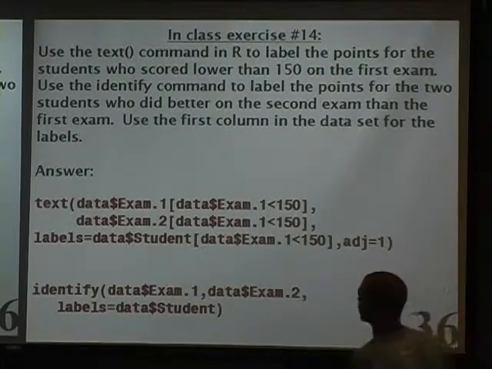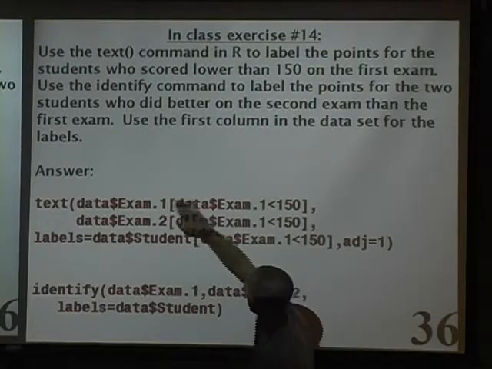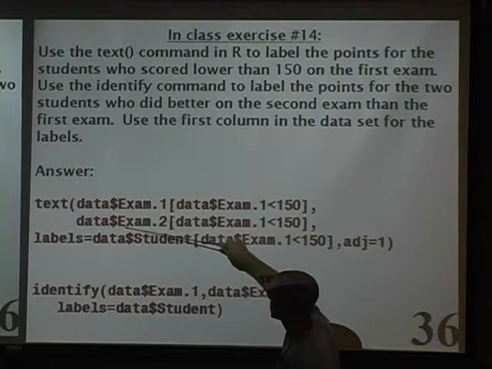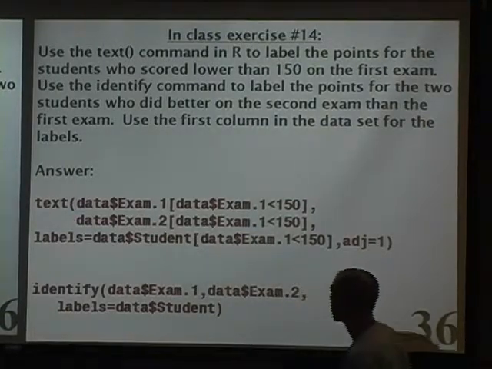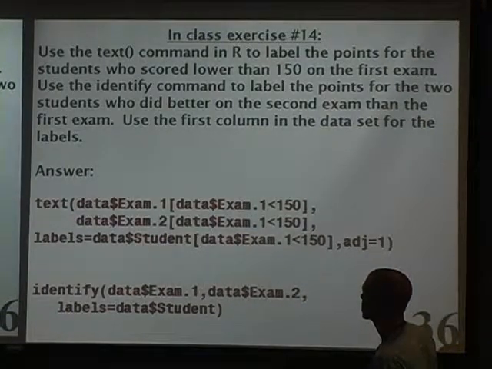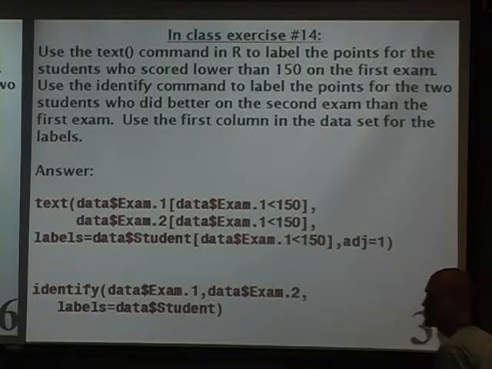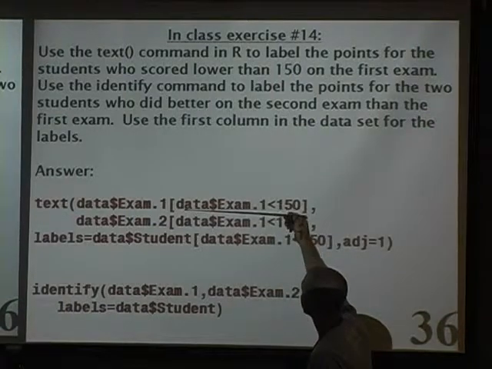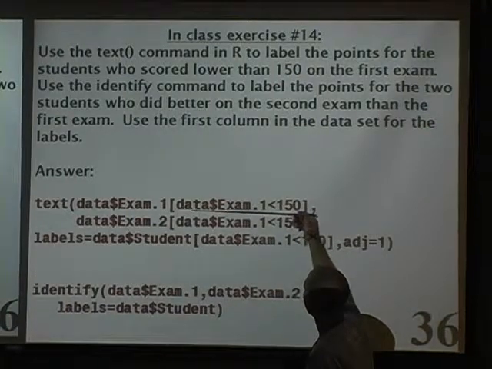So the shortcut is, if you forget about everything in the square brackets here, data$exam1, data$exam2, labels, and you just called that, you would label every single point. That would make the plot look pretty messy. So what I did is I took a subset, and it's the same subset each time: data$exam1 less than 150.